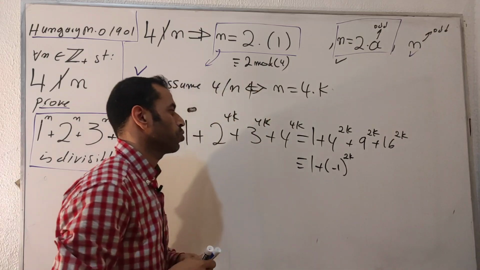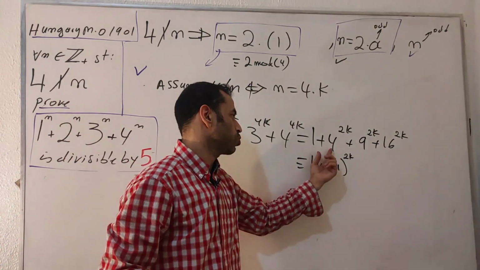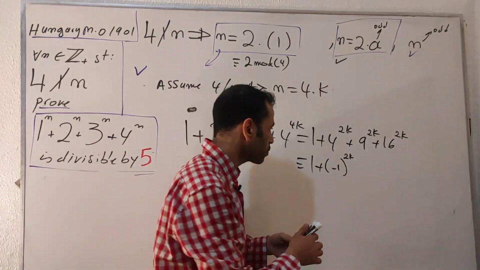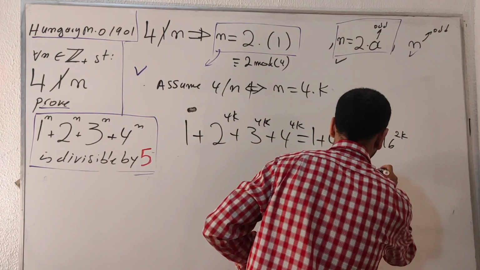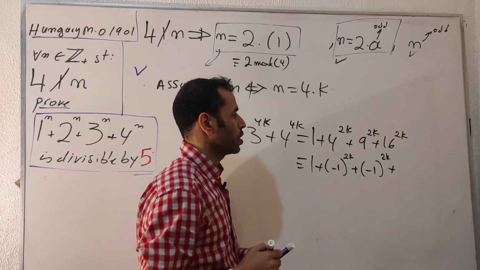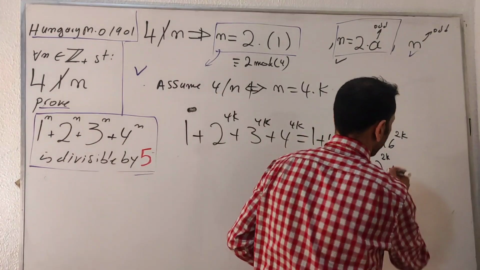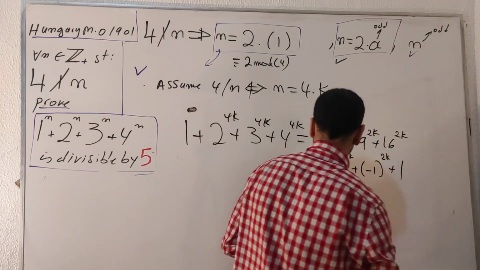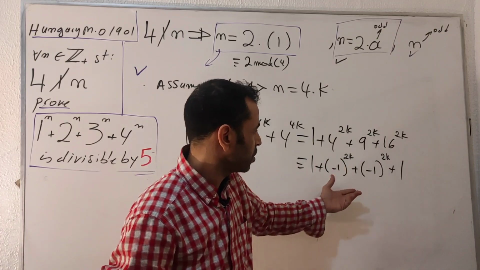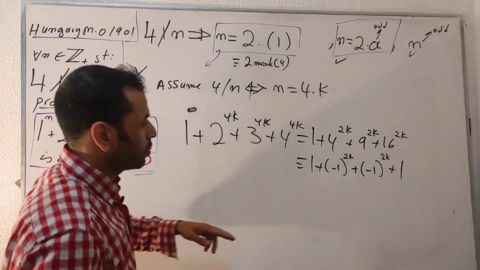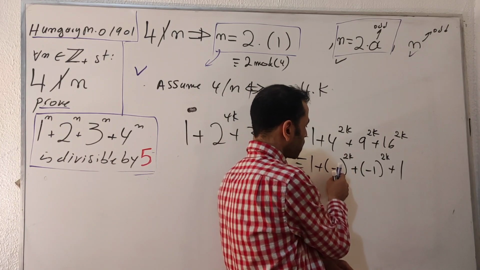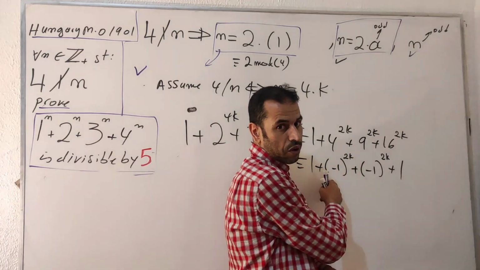Everybody knows why I'm doing this, because this one turns into this one since 4 equals 5 minus number 1. This one also will have minus 1 to the 2k, except this one. This one is clearly number 1, because we have 15 plus number 1. So we'll have number 1 here, okay? This is the reason why this one is never divisible by number 5. Because keeping the exponent always even here makes this minus number 1 turn into number 1, not minus number 1.